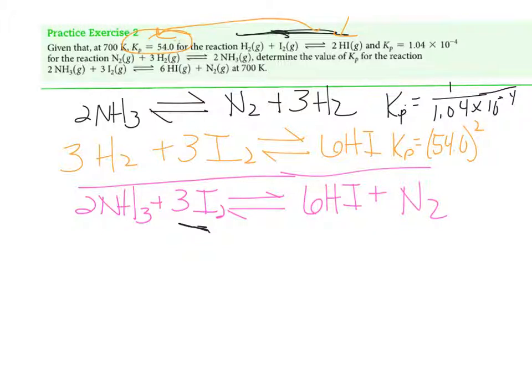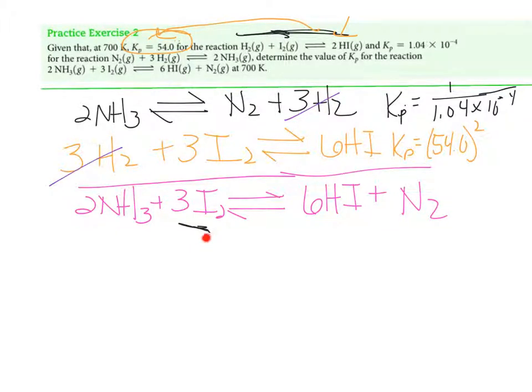Now let's see what happens when I add them. If I add them, 2NH3 comes down here. The 3I2 comes down here. That's good. I have 3H2 on both sides, so I'm going to cancel them. Now on my product side, I have N2, that's over there, and I have 6HI.